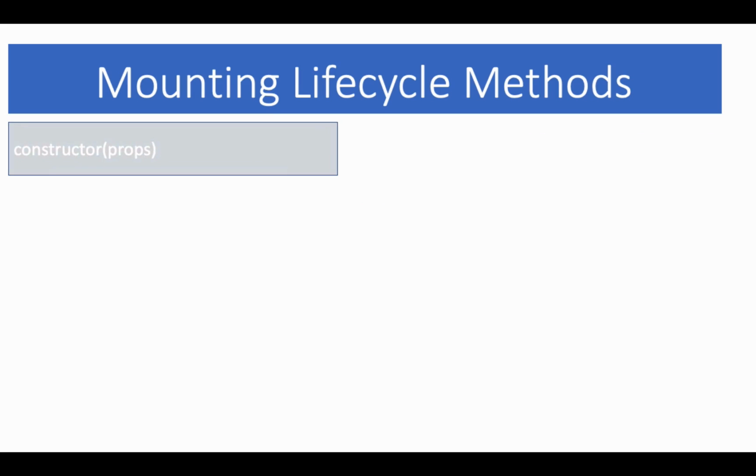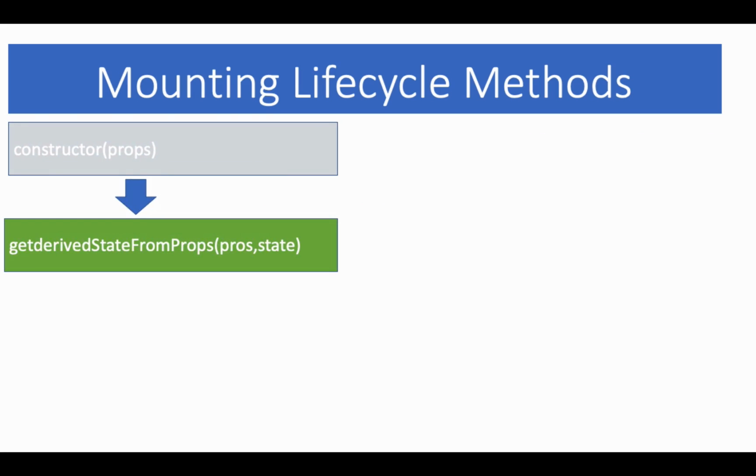The second method is a static method. This is the method used when the state of a component depends on changes in props over time. Let's say you have a component with an initial state that depends on the props being passed to the component. In such a scenario, you can use this method to set the state.